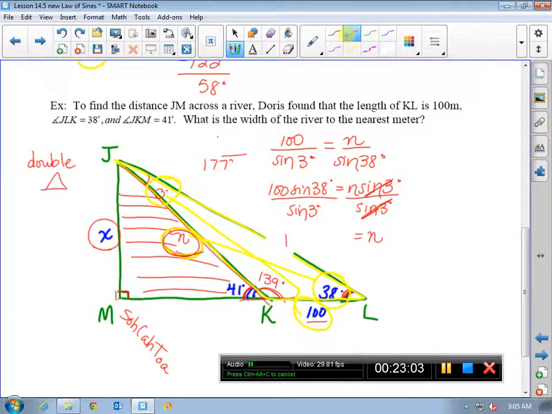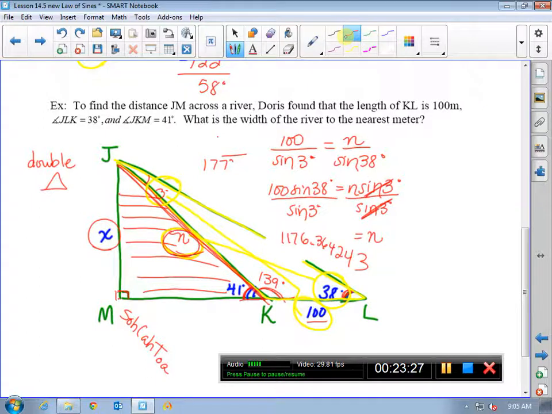I've got 1,176.364243. So that's this side, n. Not our answer. Our answer needs to be the distance across the river.